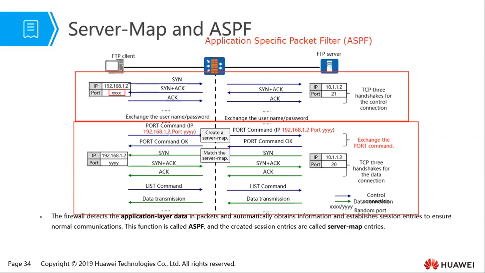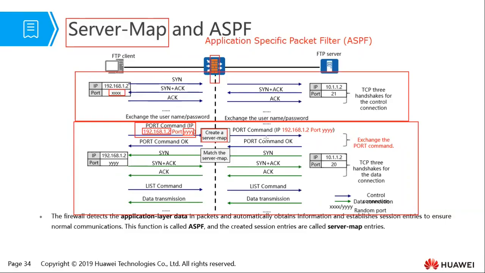When that happens, at the data connection, when it sends the first packet, the firewall creates what we call a server map. So the server map saves this particular port number and associates it with this particular IP address.